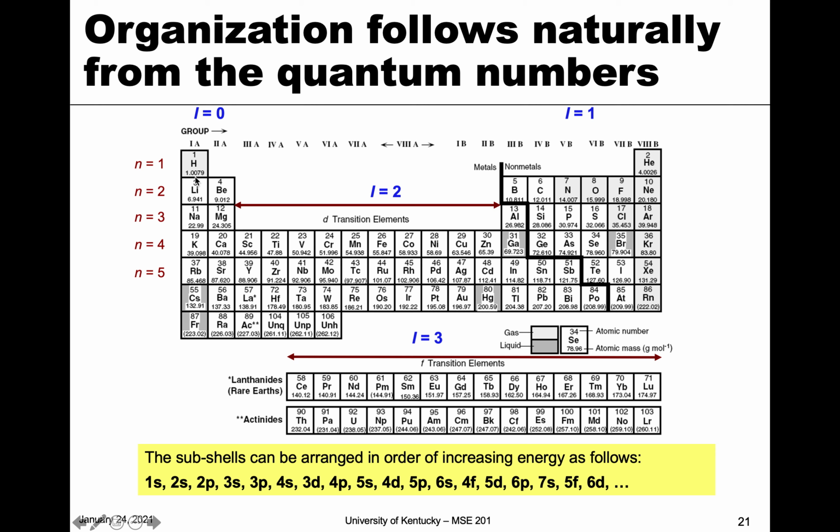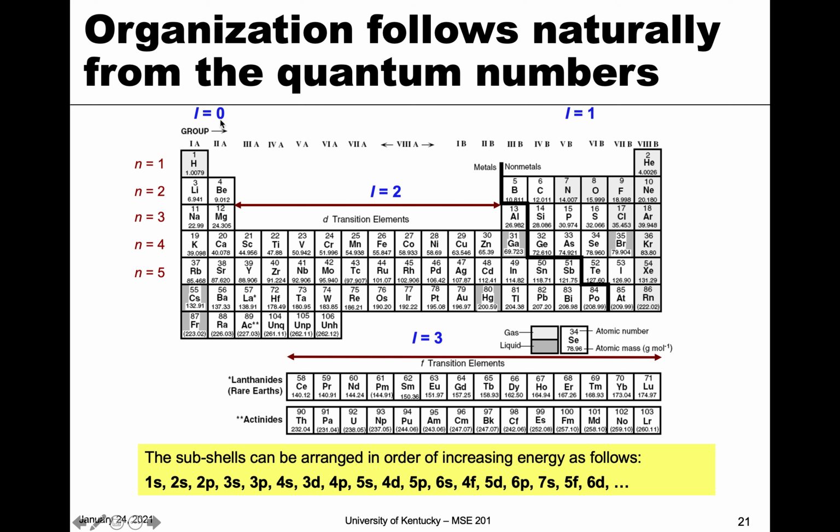So the periods refer to the various principal quantum numbers, the first quantum number. And then after that, the designations of the columns tell you about the azimuthal or subshell quantum number L.